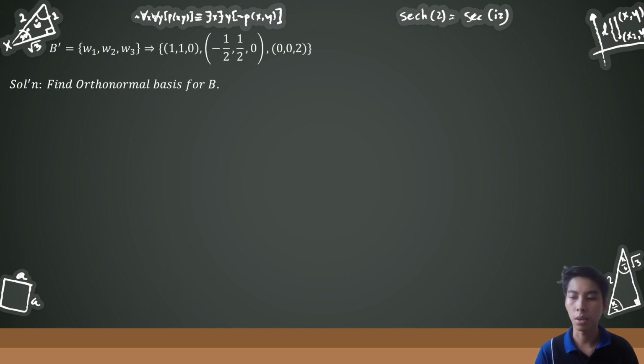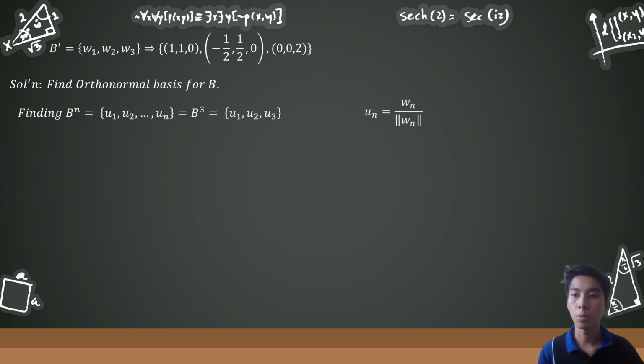If it is, then it is an orthonormal basis for B. So we have here the solution: find the orthonormal basis for B. So how to find the orthonormal basis for B? We now use theorem number 3, using the unit vector.